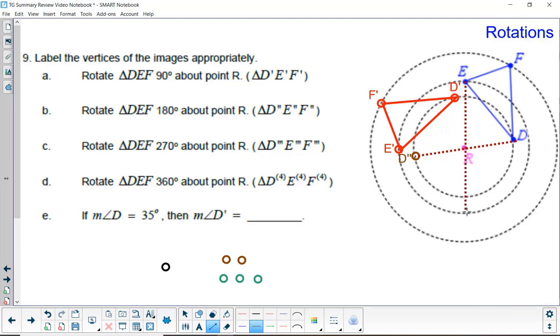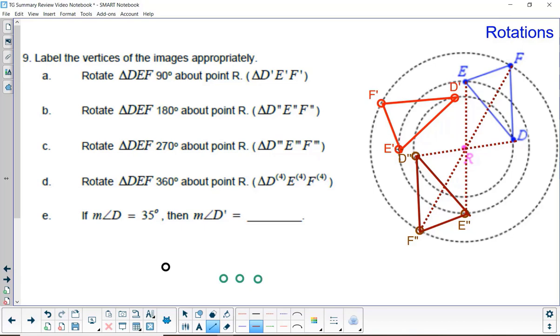Straight down, only this time into the second concentric circle. And then finally through F. F to R, and then across on the outside circle, the largest of the three. And there's D double prime, E double prime, F double prime.